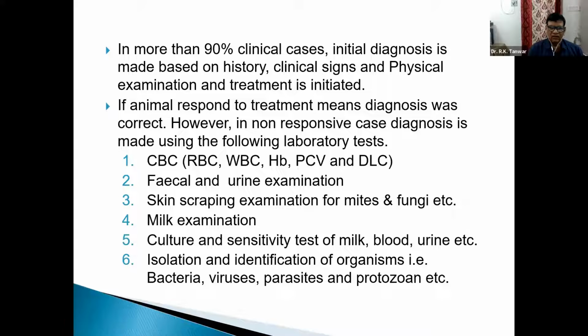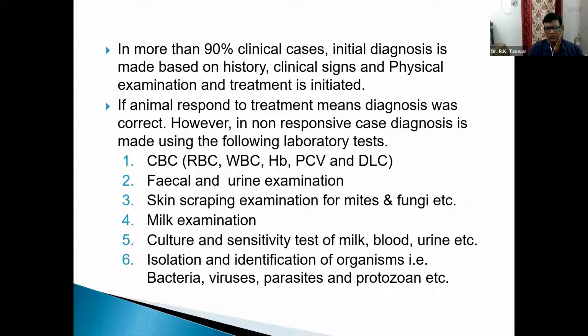The fecal and urine examinations are also very important, because there is a large number of nematodes, cestodes, and trematodes in our sheep and goat population, and they cause economic losses in terms of loss of body weight and poor condition. Urine examination helps in conditions where there is a urinary tract infection.